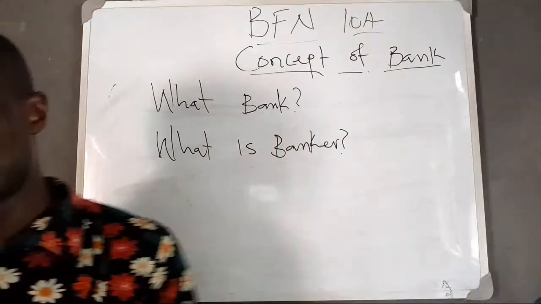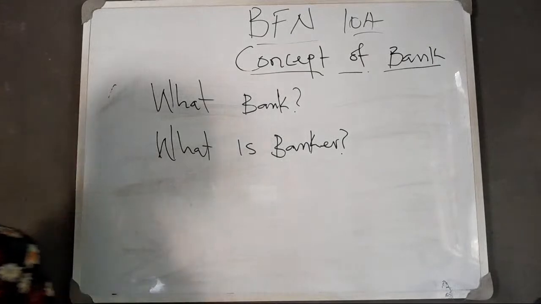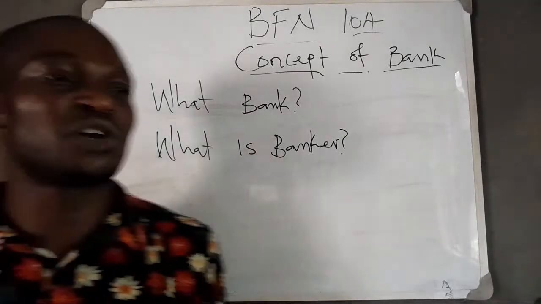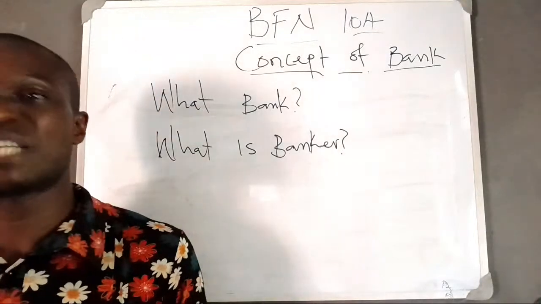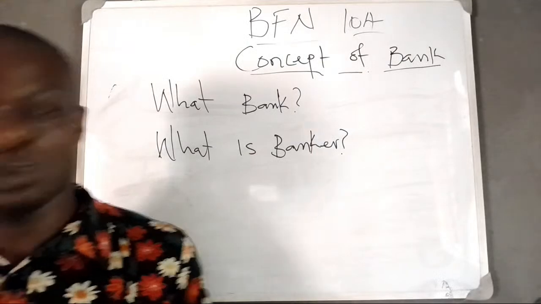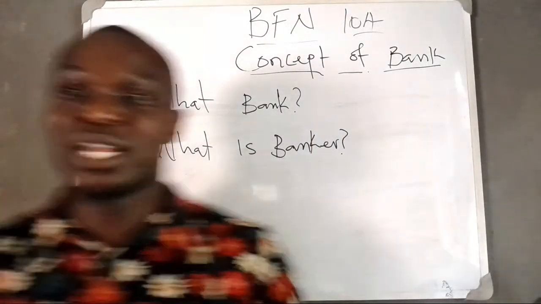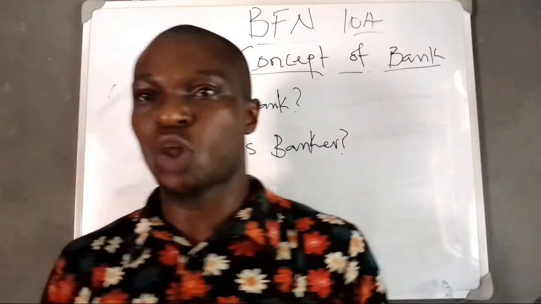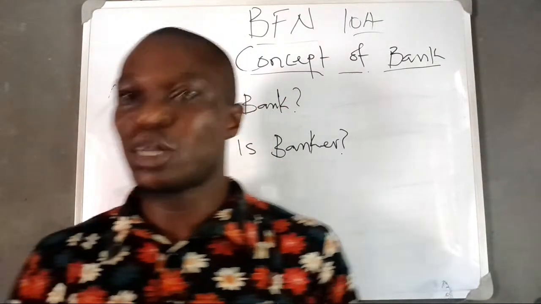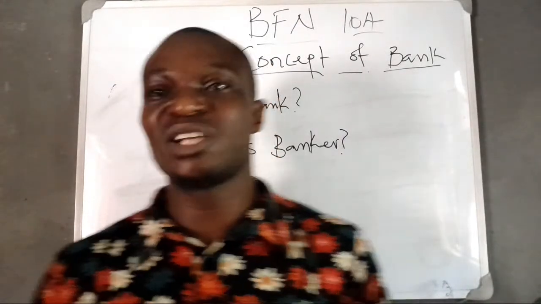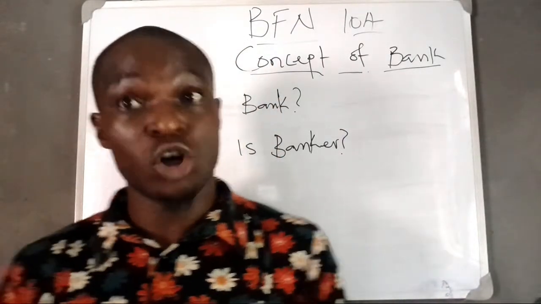And again, mobilization of savings for investment purposes. Mobilization, that is the gathering of savings for investment purposes. This can be explained by the next point, that is the pooling of resources, pooling of monies from the sectors of the economy that are not in need of this money to the sectors of the economy that are seriously in need of such monies.